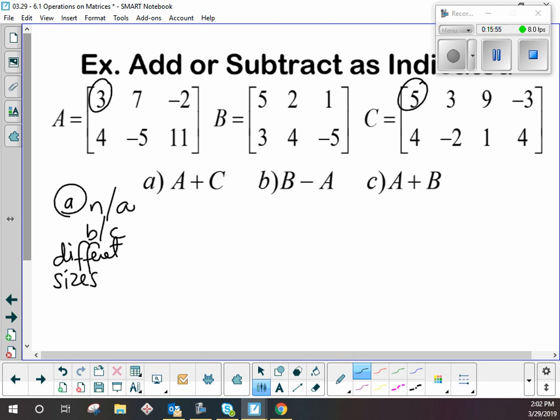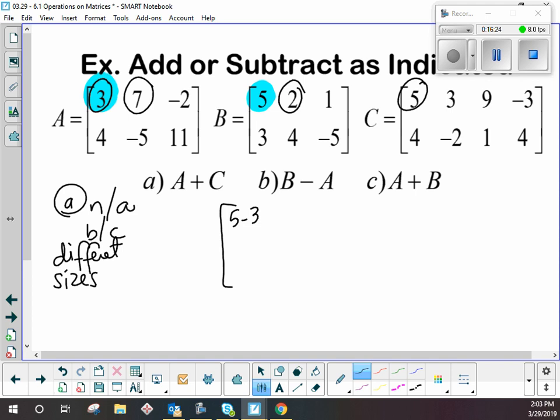So if I'm doing B minus A, I'm looking at their corresponding entries. Here's my row 1, column 1 entries. B minus A, does that mean 3 minus 5 or 5 minus 3? 5 minus 3, right? That is my upper left entry in my answer matrix. 7 here corresponds to what here? 2.